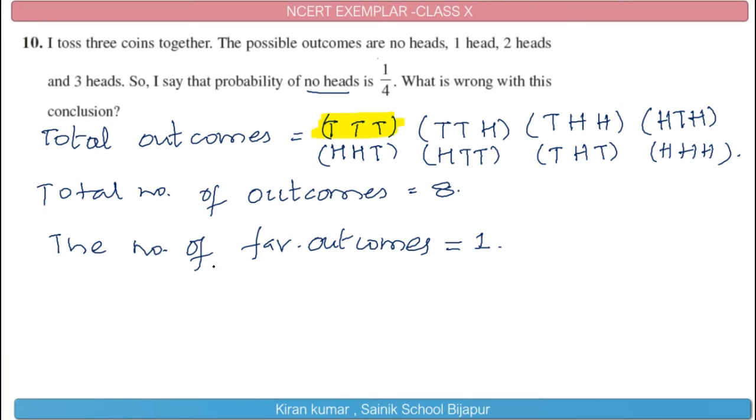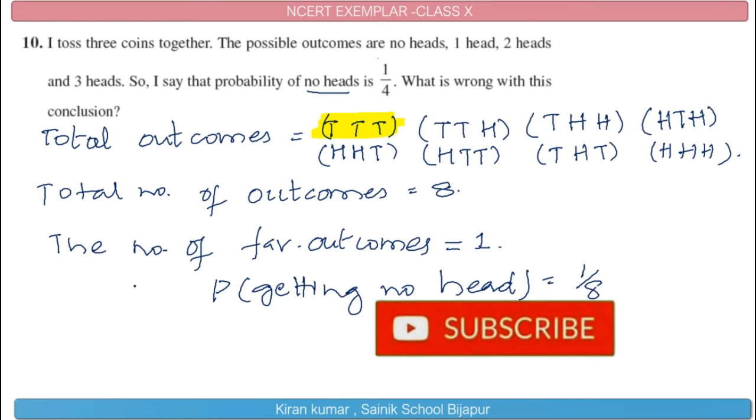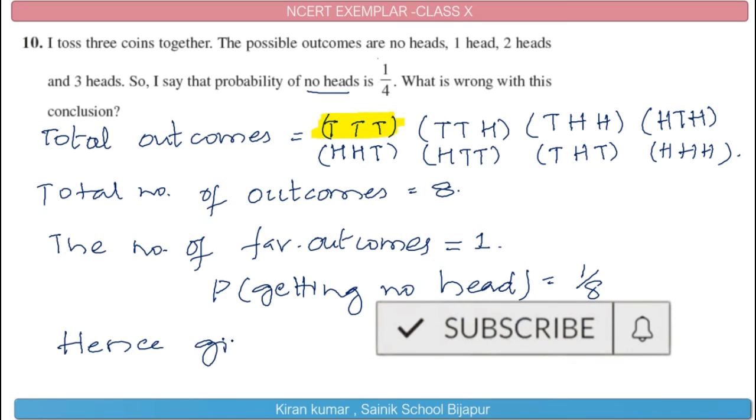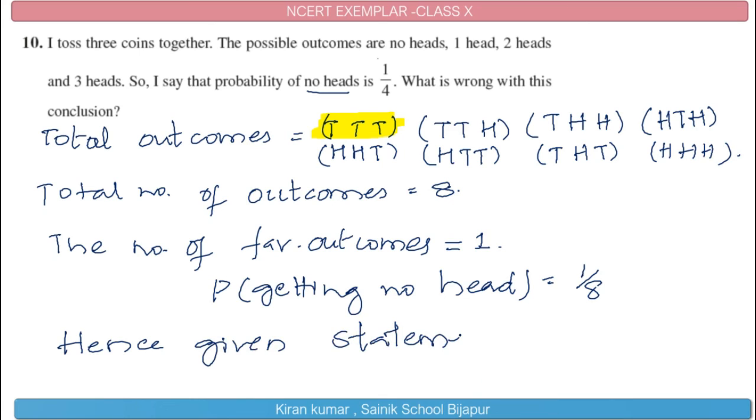Therefore, probability of getting no head will be only 1 chance out of 8. Hence, the given statement is incorrect.